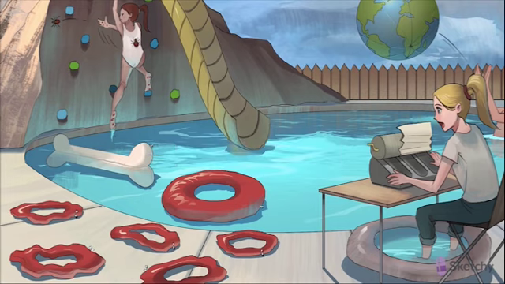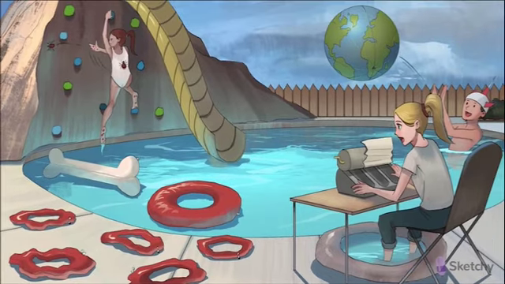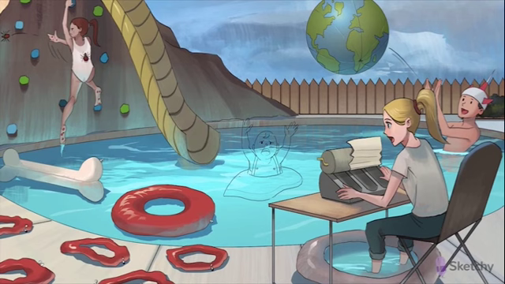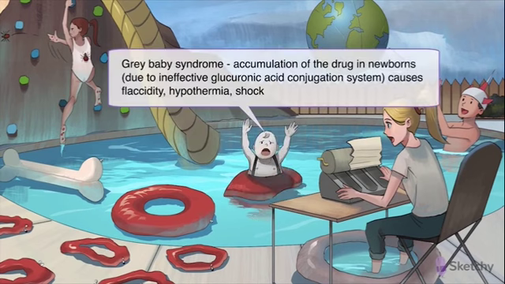And finally, gray baby syndrome. Newborns lack an effective glucuronic acid conjugation system, meaning they can't detoxify and degrade chloramphenicol, so the drug accumulates, resulting in gray baby syndrome. We'll sketch in a baby having a tough time learning to swim, and looking pretty gray if you ask me.